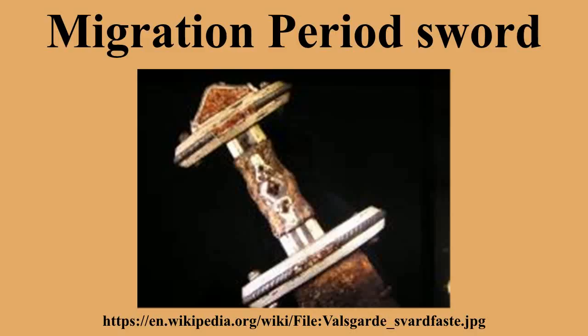A total of 20 examples are known, 10 of each type. One of the Franconian examples is the sword of Childeric I, recovered from his tomb at Tournai. Some authors have suggested that Childeric's sword was a ceremonial sword not intended for combat, perhaps produced for the occasion of his burial.